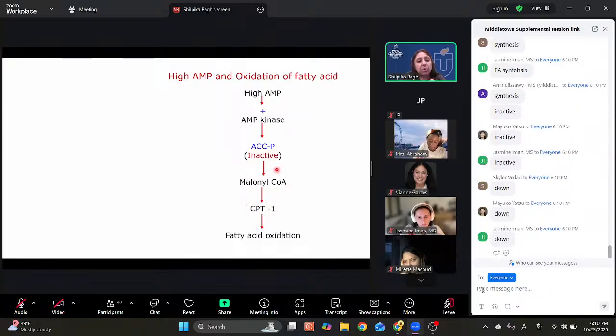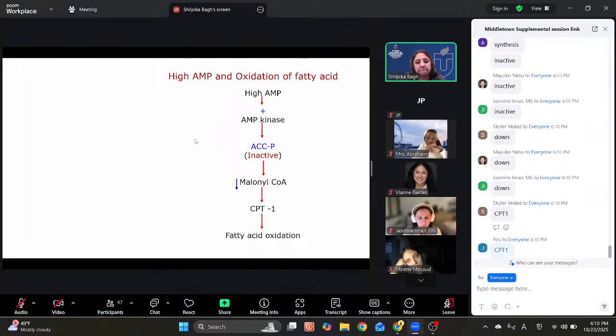Will malonyl-CoA go up or go down? What will be turned on then? When malonyl-CoA is low in the cytosol, which enzyme will be turned on? CPT1, and it starts fatty acid oxidation. So do you understand how malonyl-CoA is an inhibitor of CPT1?